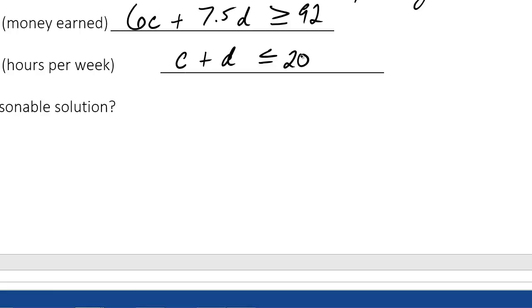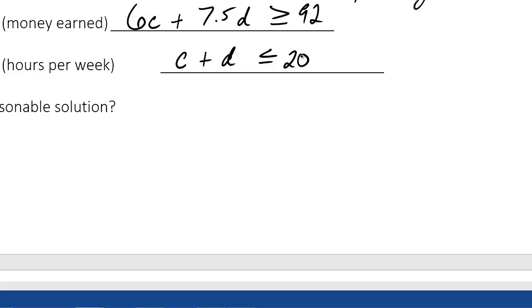Now, before I continue, what is a reasonable solution for this system of inequalities? This time we want to make money, not save money.